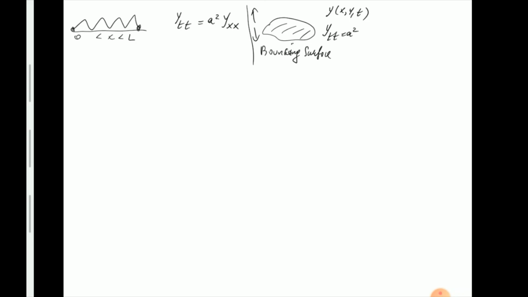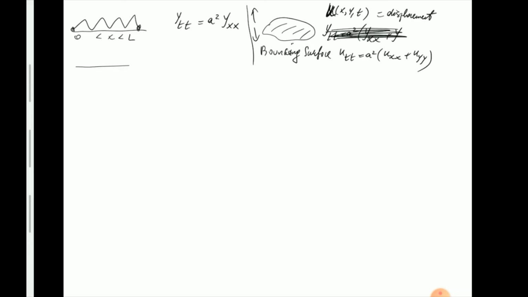Let me use a different dependent variable, because I want to use x, y, z. So let's say u of x, y, t is the displacement. So in that case, the wave equation will be like this. I want to point out the right hand side is the Laplacian, just like in the heat equation.